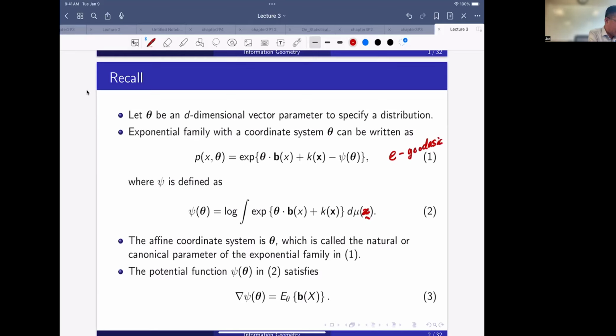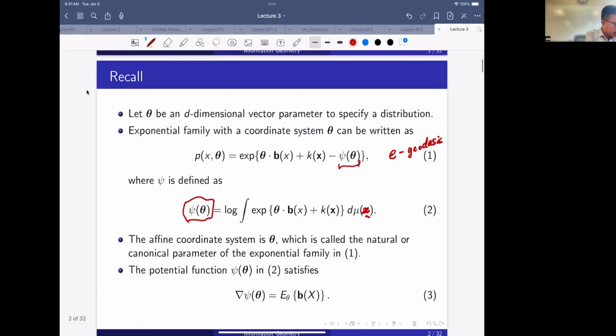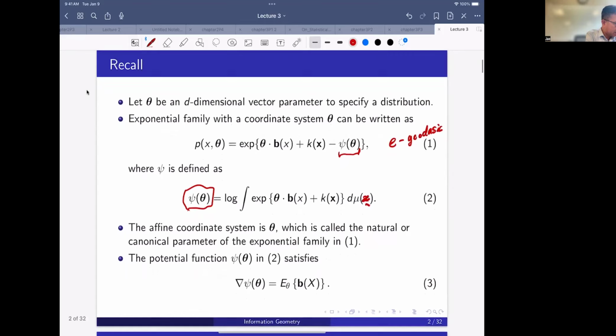And then this psi theta turns out to be a very important function that characterizes the moment. So this is one coordinate system.